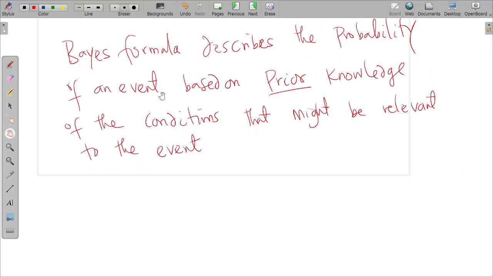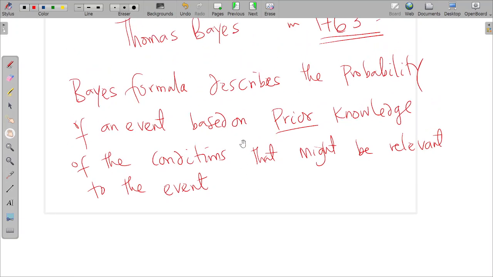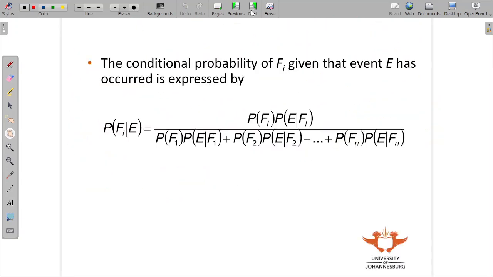This Bayes formula or Bayes theorem is very applicable in many fields: in economics, data science, engineering, finance, in so many fields. All right, let's go.